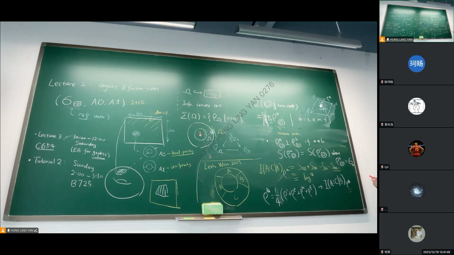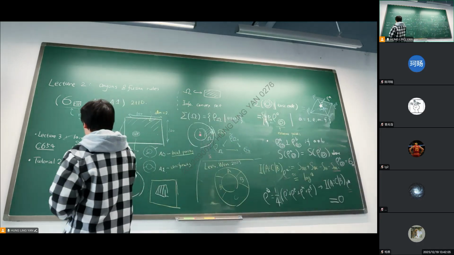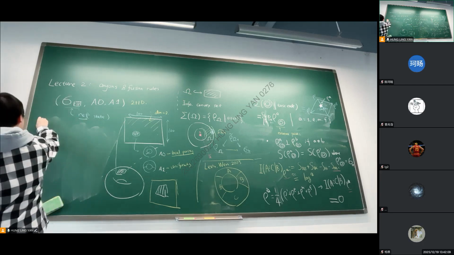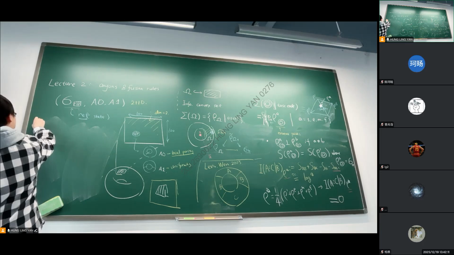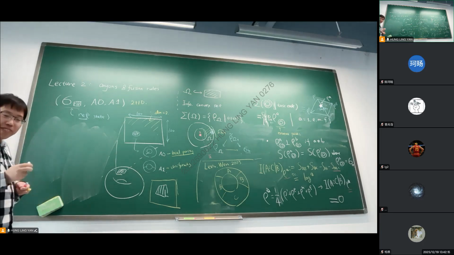So we can easily compute the entropy difference. It turns out this one gives you 0. So we find a quantum Markov state. I assume we still remember that the quantum Markov state is defined as a state with vanishing conditional mutual information.